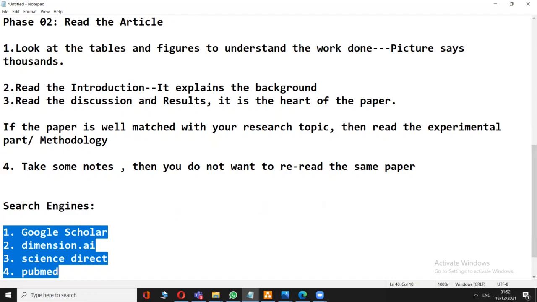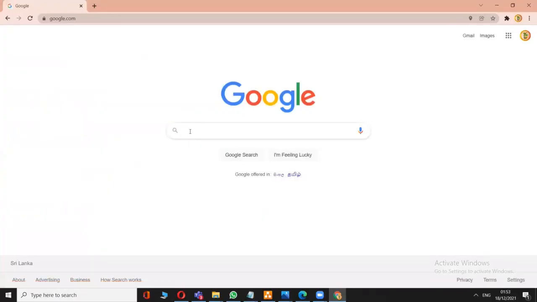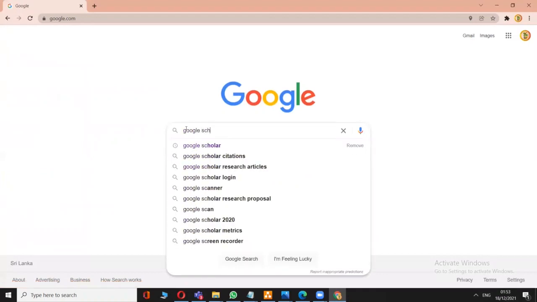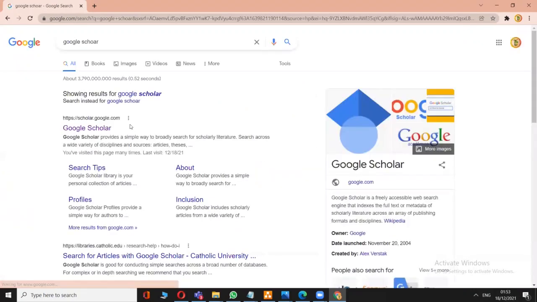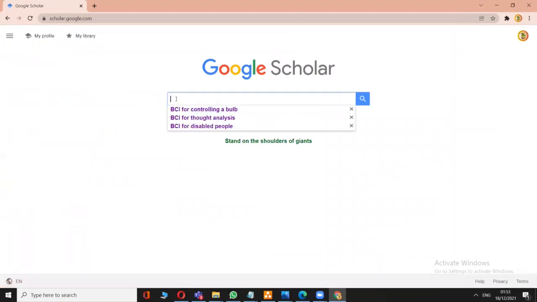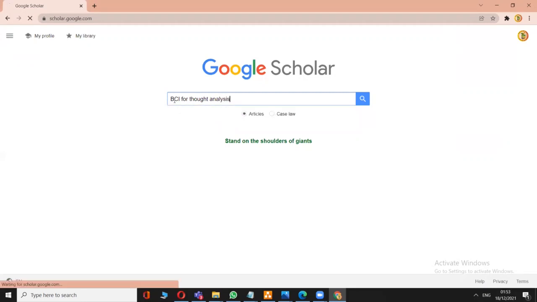I will take my browser. First I will take Google Scholar, because this is the research search engine that many people follow. In Google Scholar, you just write your research keyword, brain computer interface, for, we'll say, thought analysis.